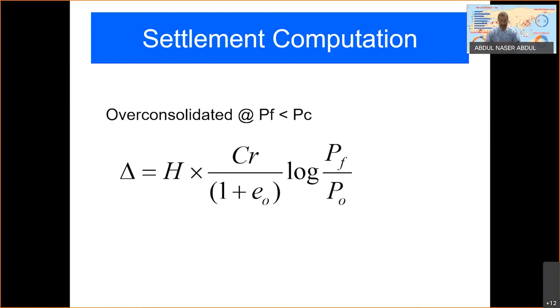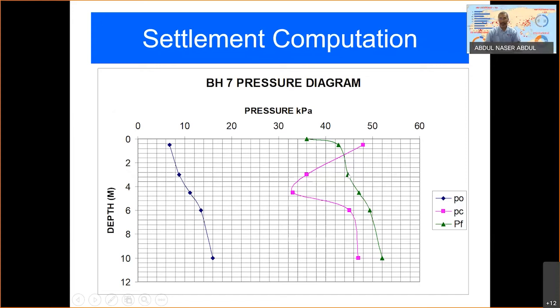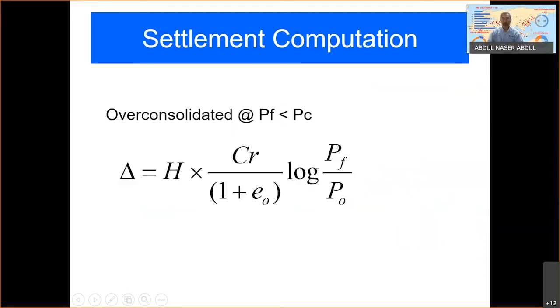But remember just now, there are two cases here. Down here, the P final is higher than the PC. Up here, the P final is smaller than the PC. So there are two different formulas, and we use two different formulas here.